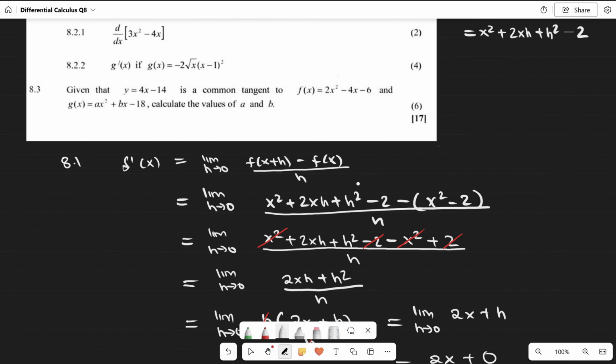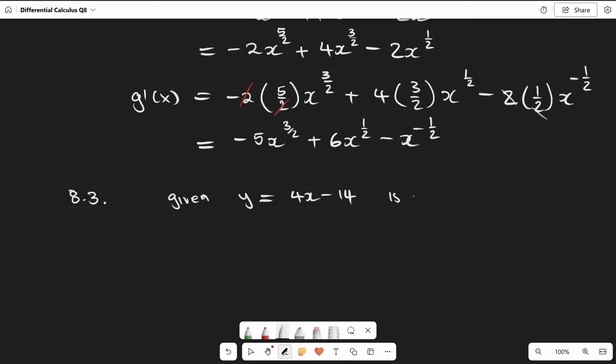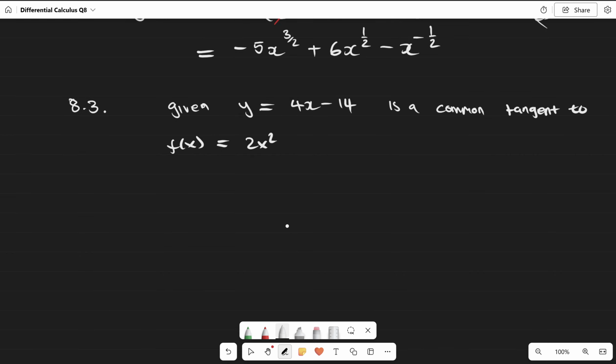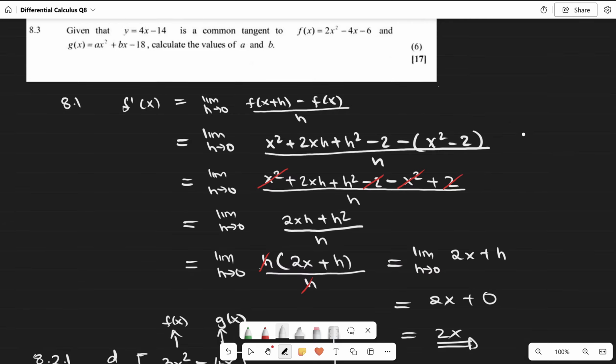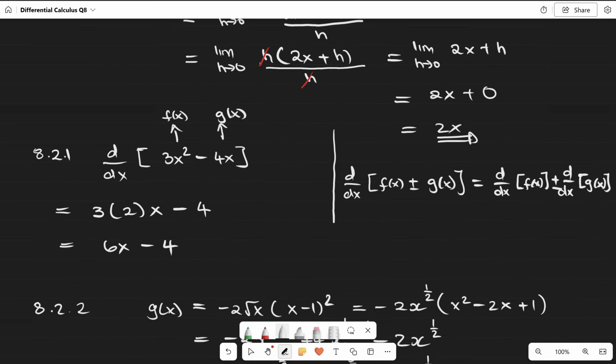It is a common tangent to f of x equals 2x squared minus 4x minus 6, and g of x is equal to ax squared plus bx minus 18, right? Calculate the values of a and b.